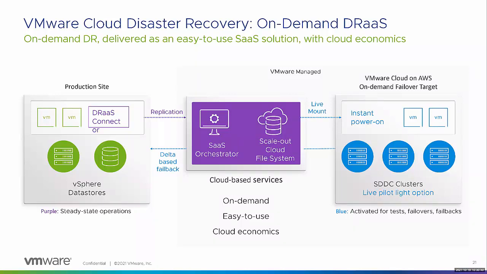Now that scale-out cloud file system is built on top of Amazon storage, and you're able to utilize the benefits of that cloud storage in that it's dynamic and scalable. The sizing of it can change as required by the customer's replication requirements, but it's not just replicating straight onto the Amazon storage.